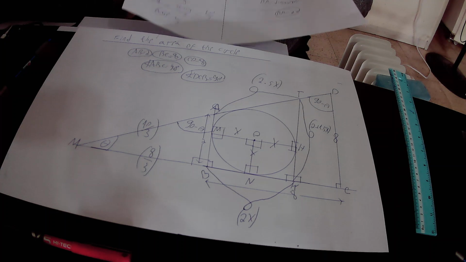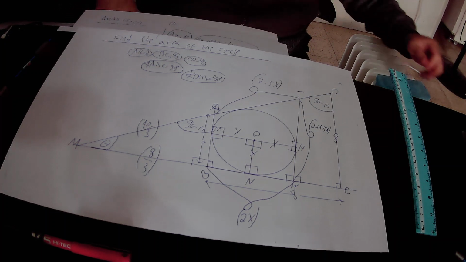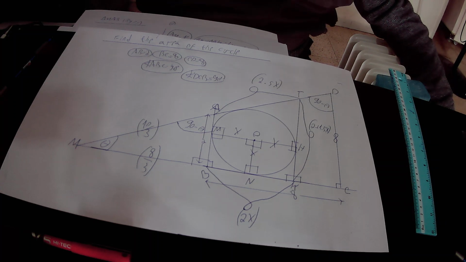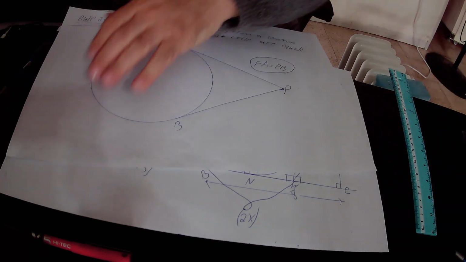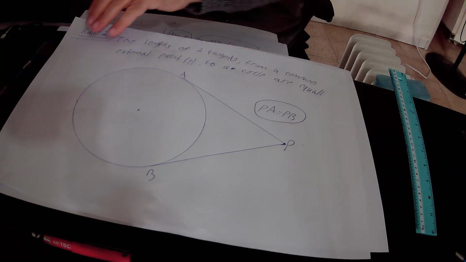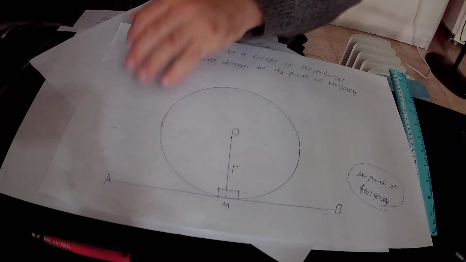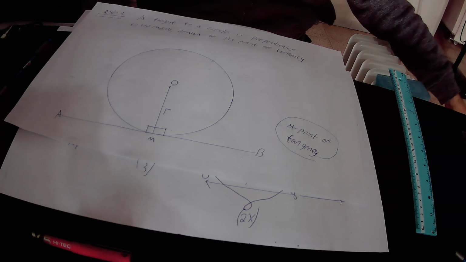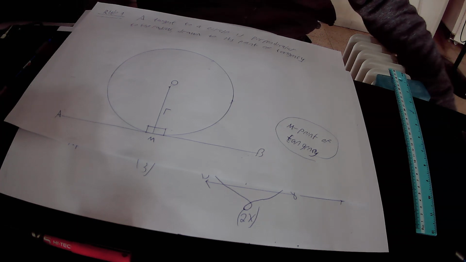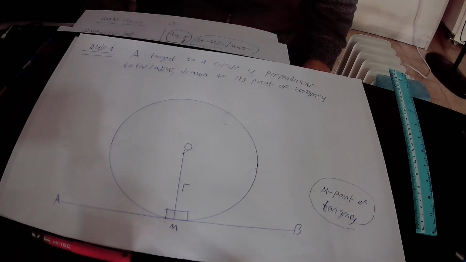Okay, then I presented to you rule number 1 and we implemented rule number 1 in our drawing. According to rule number 1, a tangent to a circle is perpendicular to the radius drawn to its point of tangency.